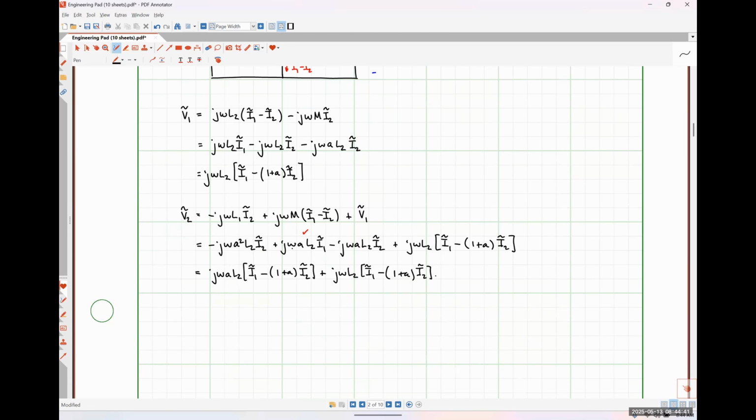We can see that both of these terms are incredibly similar to each other. I have this term right here, and then the exact same term, except that there's another factor of A on there. So I can simplify this down to j omega L2 times a factor of 1 plus A, multiplied by that I1 minus 1 plus A I2 term.